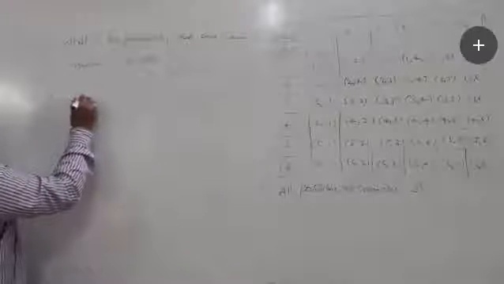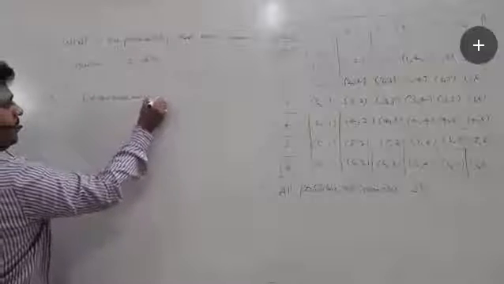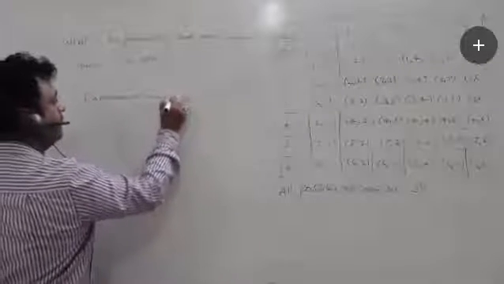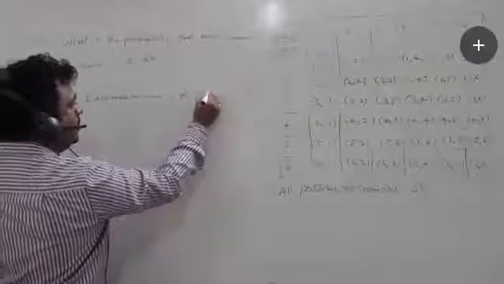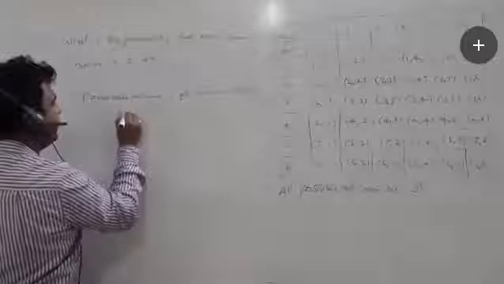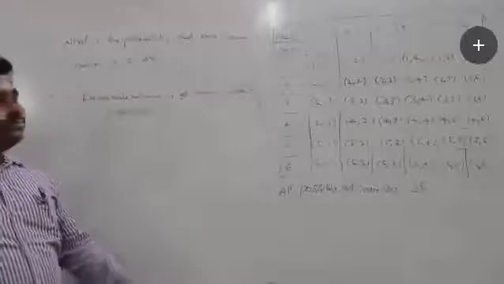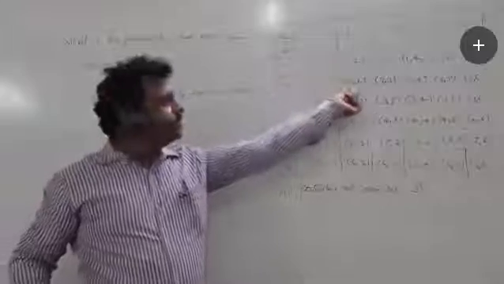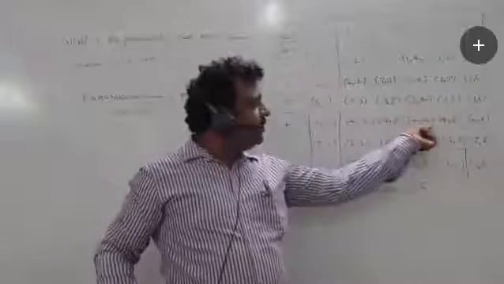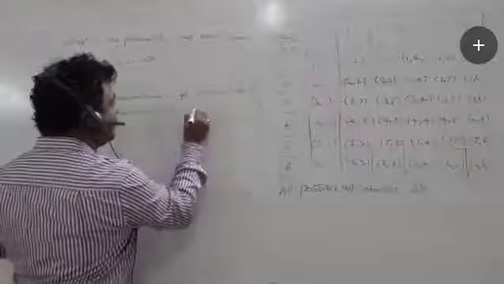Favorable outcomes to get the same numbers on their face. What are the same numbers? 1 1, 2 2, 3 3, 4 4, 5 5, 6 6. Yes, the diagonal, you're right.